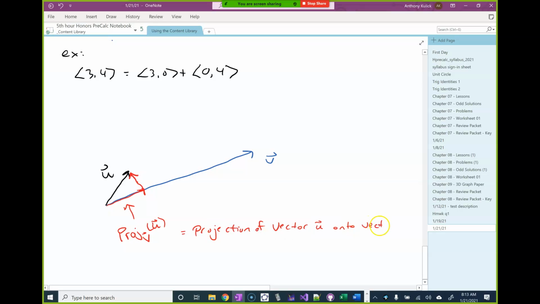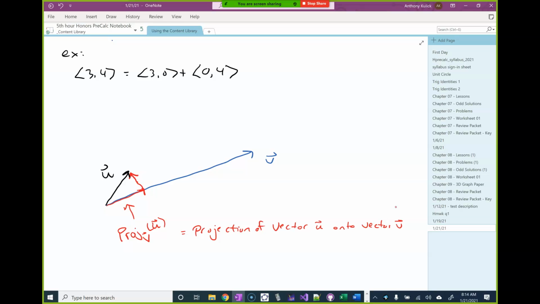So really, all this projection vector is a scaling of vector v. It's the same direction as v, it's just a different length. So all we need to do is multiply vector v by some scalar, and that'll give us this projection vector. Everybody's okay with that notion?